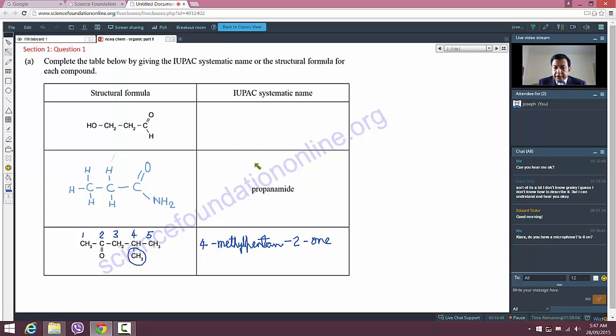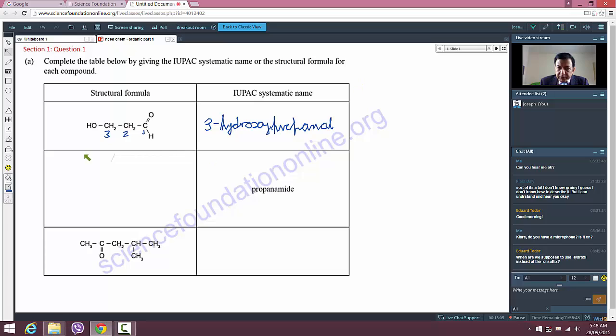When are we supposed to use hydroxy instead of the ol suffix? Okay, 3-hydroxypropanal. Now, this is because, Edward, the hydroxy group here is a substituent group, because there is a more important functional group than the alcohol functional group in this molecule. So here, we don't name this as an alcohol, we name it as an alkanal.